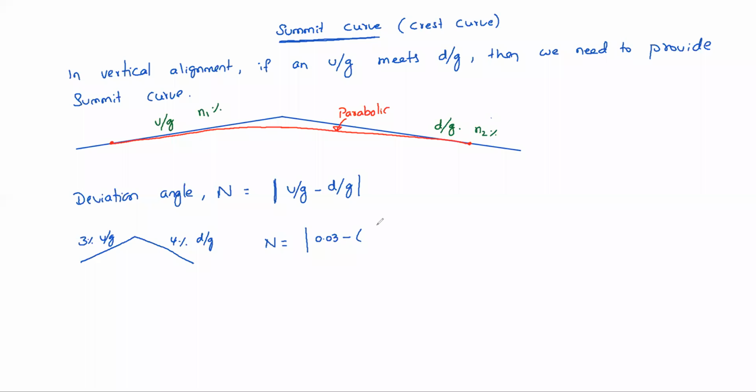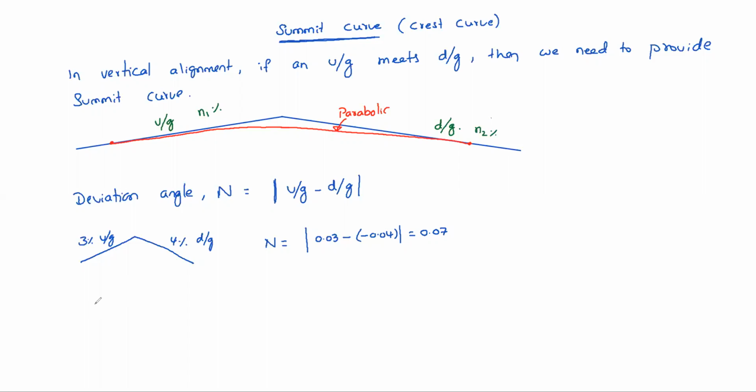See the sign convention here: if you take upgradient positive, take down gradient negative. So minus 0.04 is the down gradient. So we consider the difference: 0.03 minus of minus 0.04 equals 0.07 is the n value. That name is deviation angle.